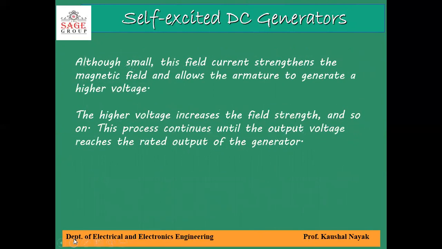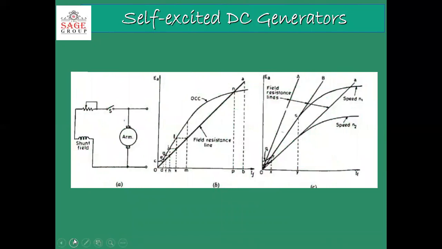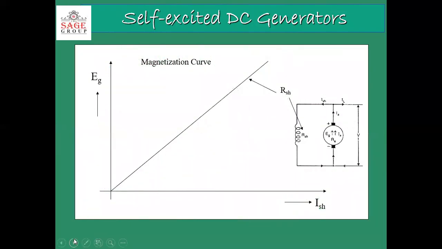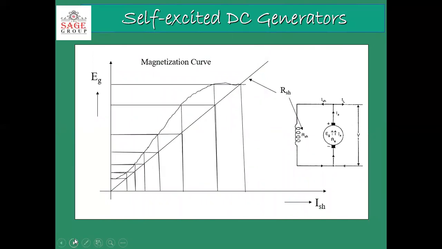It has been described before that the EMF buildup can take place in steps, starting from a small EMF that is available across the armature that aids the residual magnetism and further strengthens the initial residual flux.